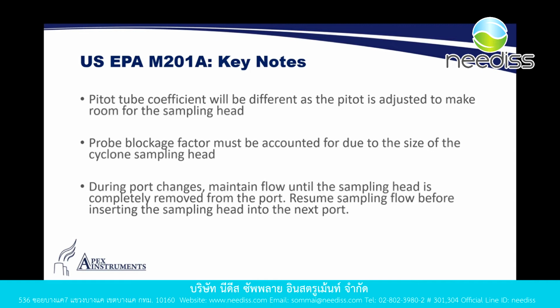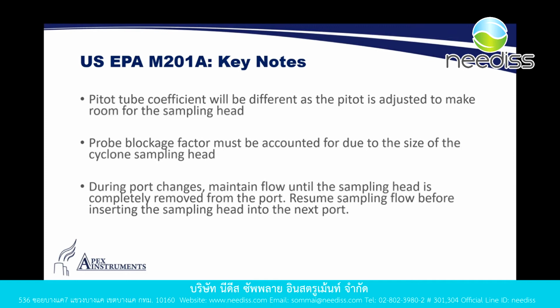So you must calibrate the pitot with a wind tunnel with the sampling head attached, the PM cyclone attached, to determine your coefficient. You cannot use the standard default coefficient that is stated in Method 5. So just as a point, you must have a wind tunnel calibration done to meet the method correctly.